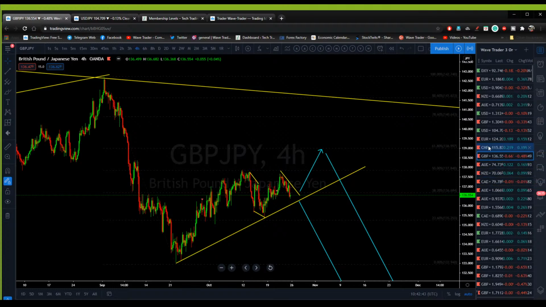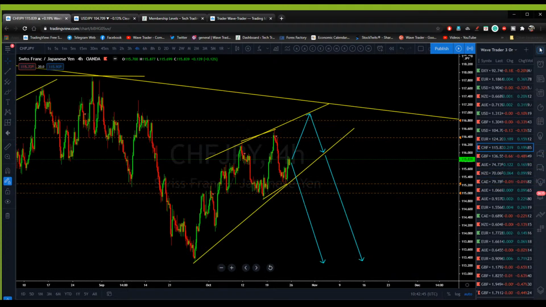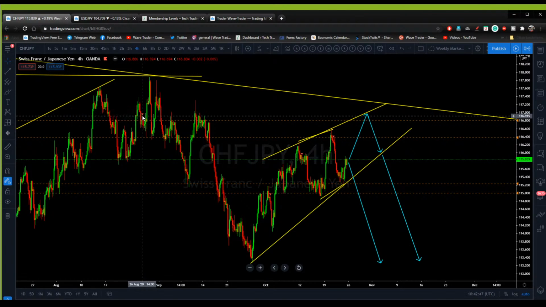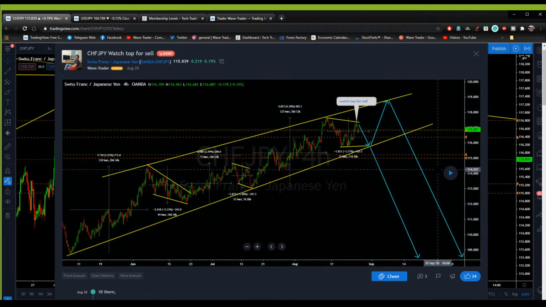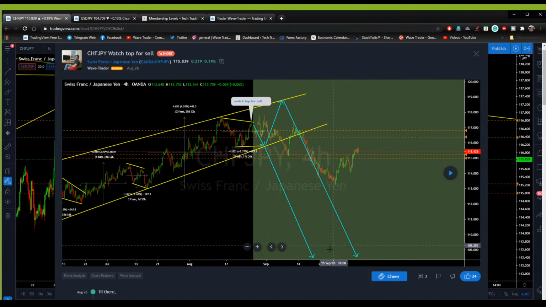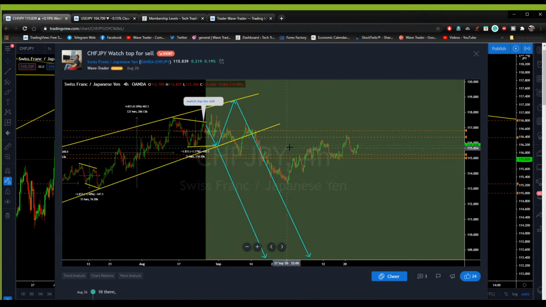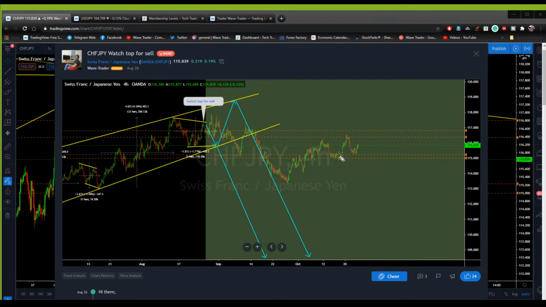If I look at the chief yen chart, this is also the same. We are within the wedge. Let's look at this 2-day chart first to understand the bigger time frame. We are in a reversal from the top, and there we can still see another leg. This can go back up because people are moving into the EU.